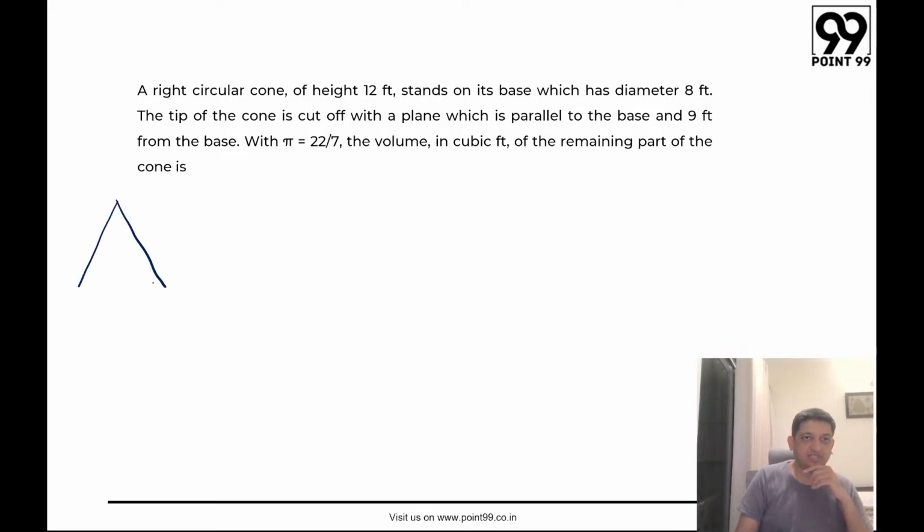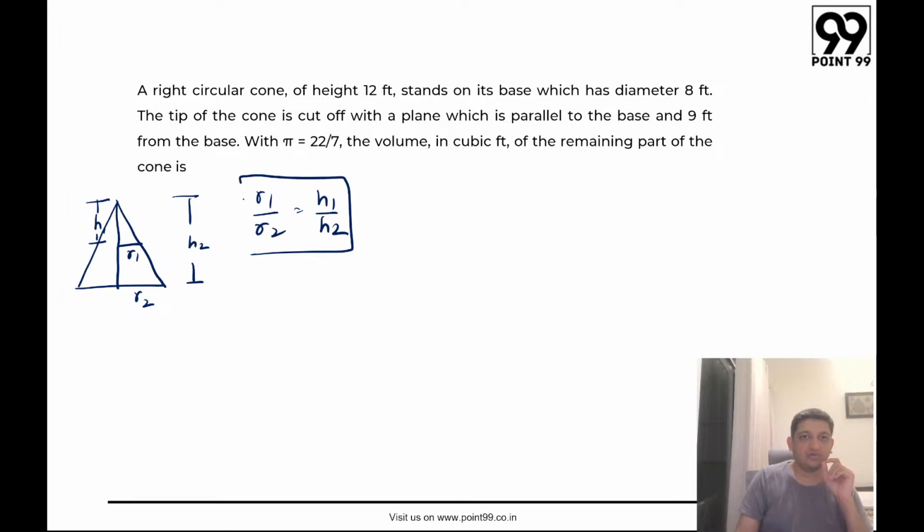So there is a concept. I'll just tell you what the concept is. I'll not spoil the answer, but ये concept है. So if this is R1, this is R2, this part is H1 and this part is H2, then we know that R1 by R2 is equal to H1 by H2. Very important concept.